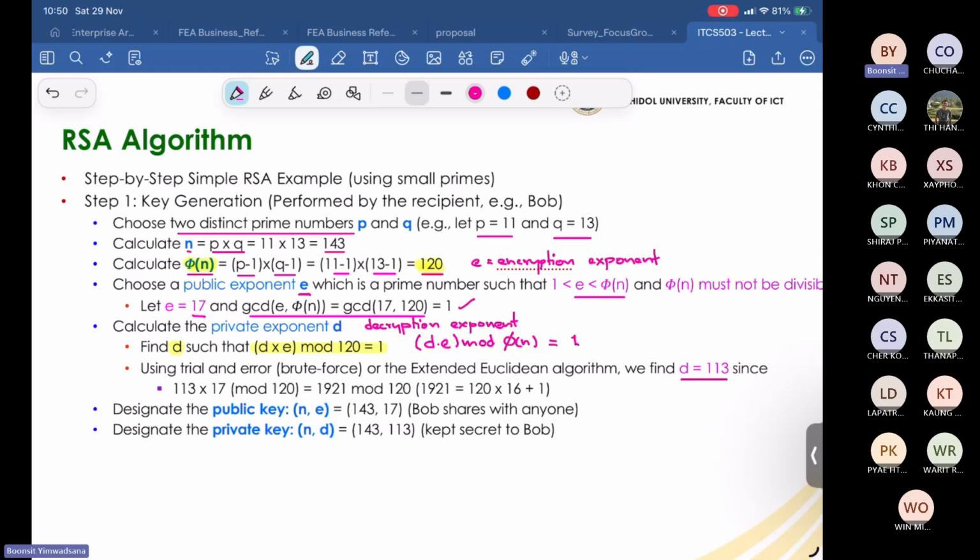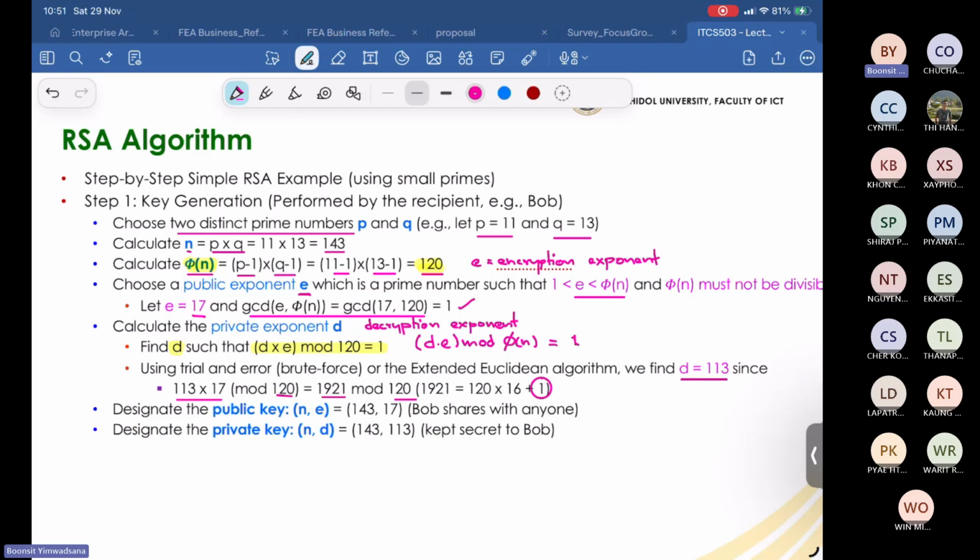Because this is the value that will make 113 multiplied by 17, and then mod phi n, equal to 1. Because 1921 mod 120 is just 1, since 1921 is equal to 120 multiplied by 16 plus 1.